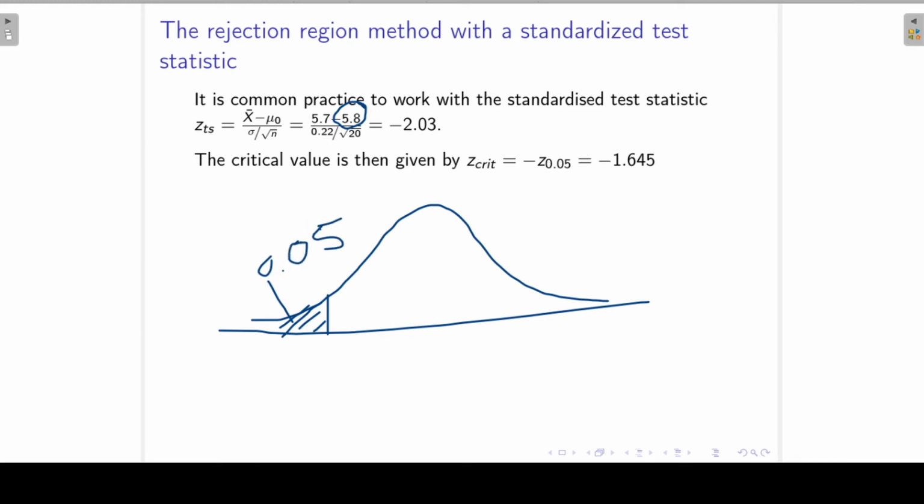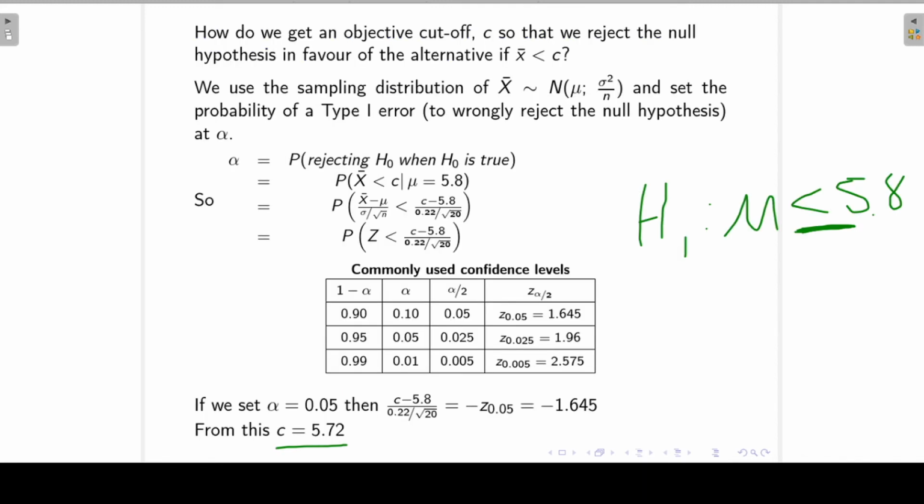In other words, we are interested in minus Z 0.05. And I refer you back to the following table. My Z 0.05 is 1.645. So minus Z 0.05 would just be minus 1.645.